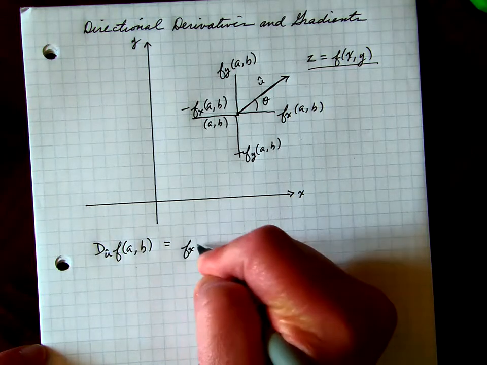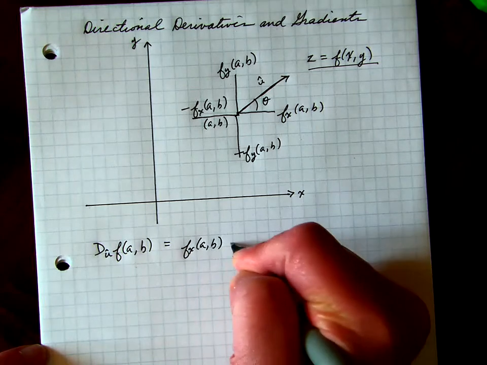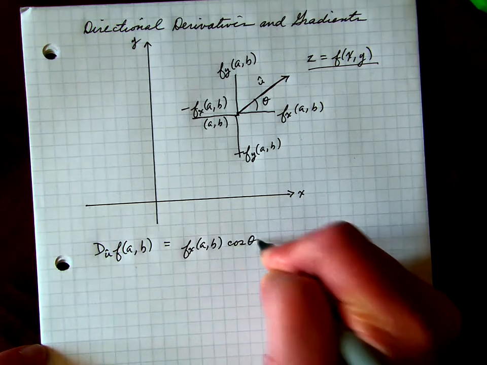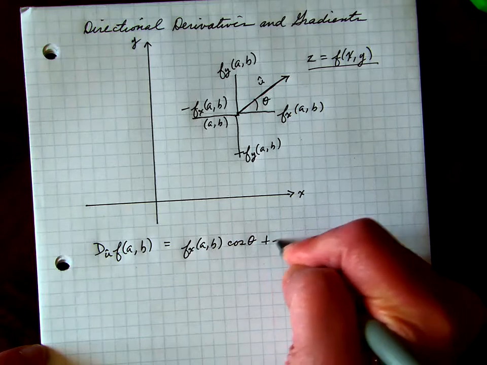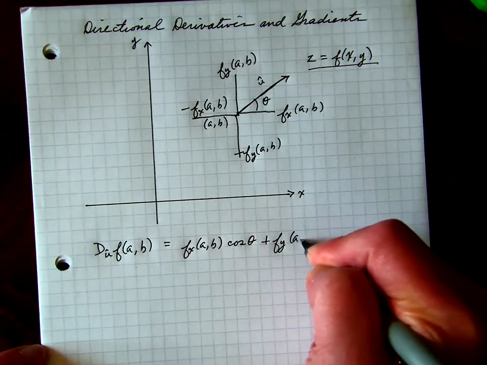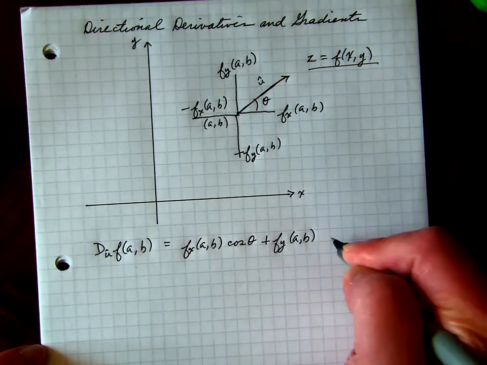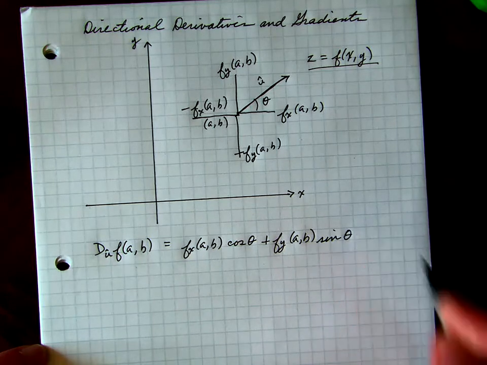You take fx, evaluate it at (a, b), multiply it by the cosine of theta, add fy, evaluate it at (a, b), multiplied by the sine of theta.